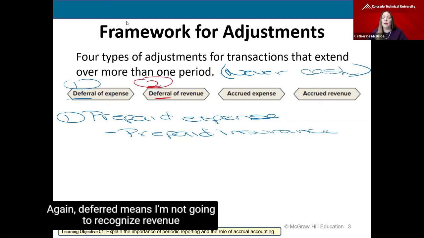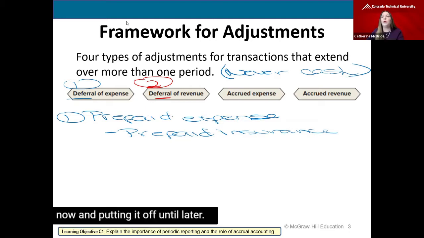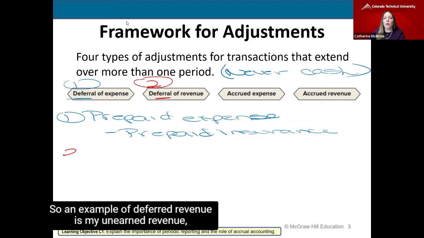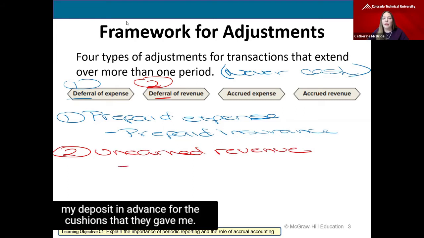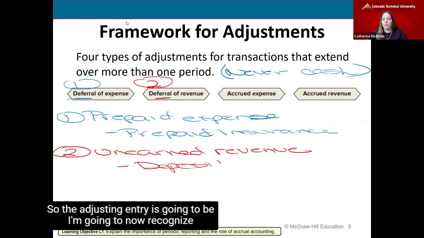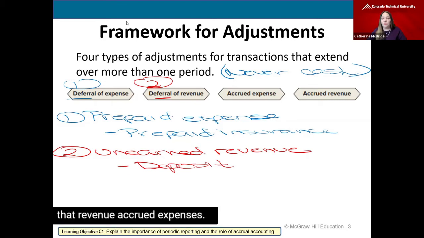Again, deferred means I'm not going to recognize revenue now, I'm putting it off until later. So an example of deferred revenue is my unearned revenue. My deposit in advance for the cushions that they gave me. So the adjusting entry is going to be, I'm going to now recognize that revenue.